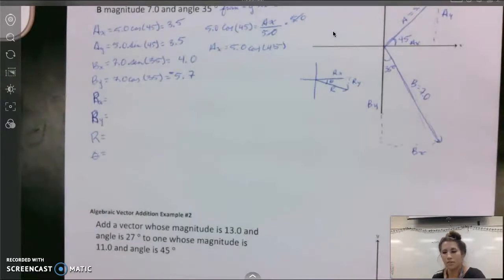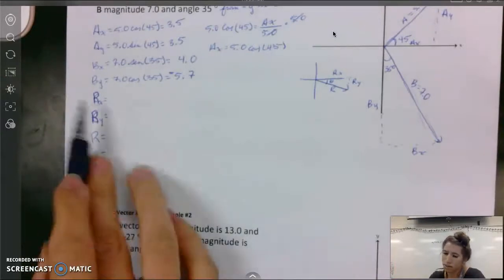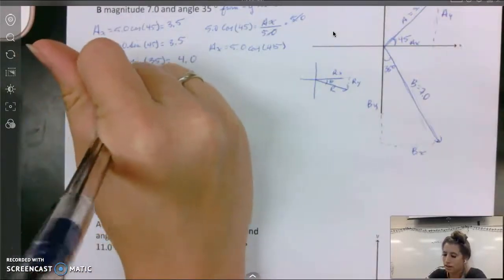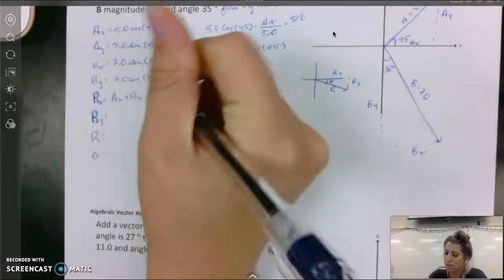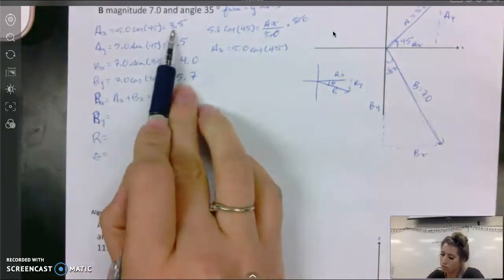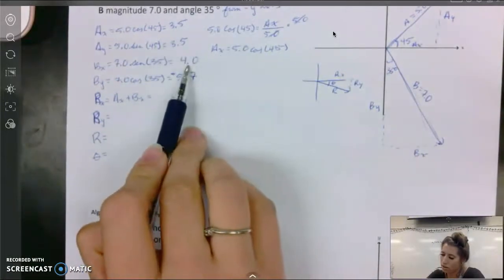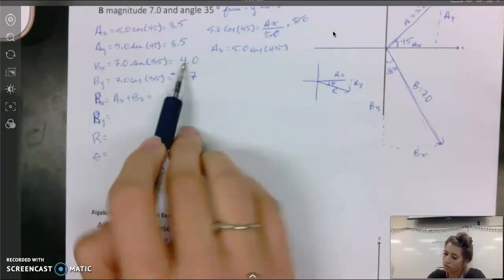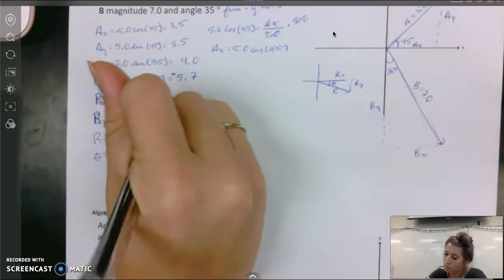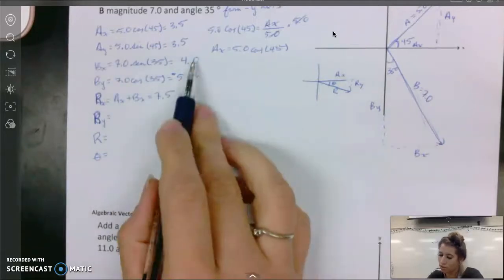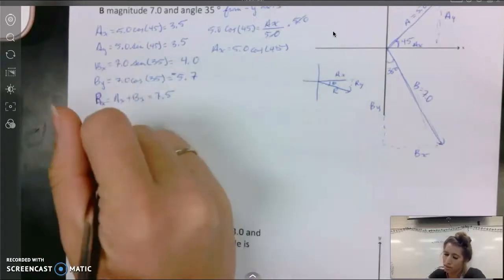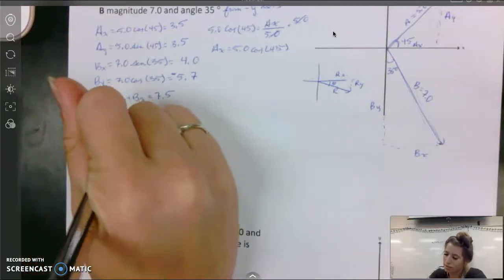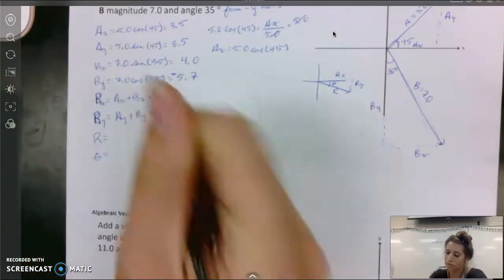Now, here's how we figure out r sub x. You take a sub x and add it to b sub x. So a sub x, 3.5, added to b sub x, 4.0, we get 7.5. And then to get y, we take a sub y plus b sub y.